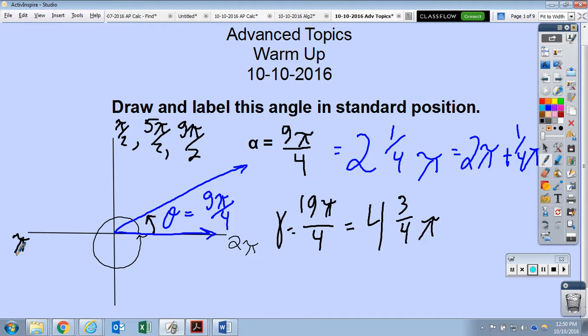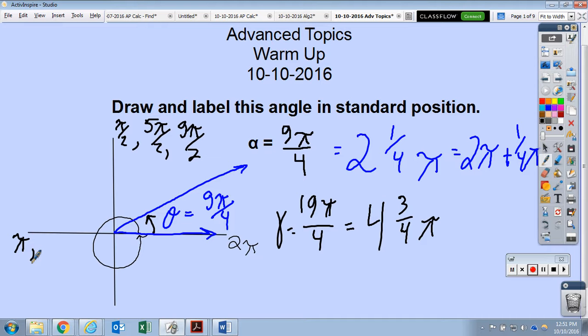All right, so pi. What's another one it could be, if we did another full rotation? What's another central angle where the terminal side would land right here?